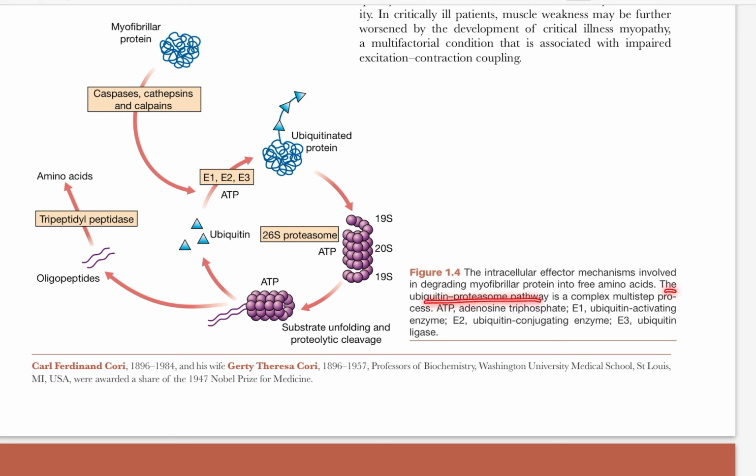The ubiquitin proteasome pathway is a complex multi-step process in which ATP, adenosine triphosphate, E1, ubiquitin activating enzyme, E2, ubiquitin conjugating enzyme, and E3, ubiquitin ligase, act.